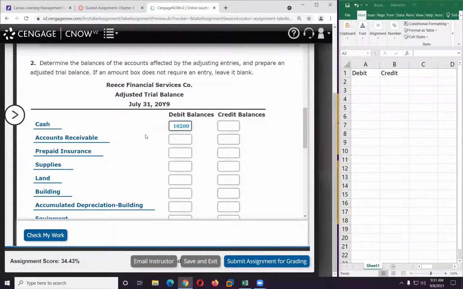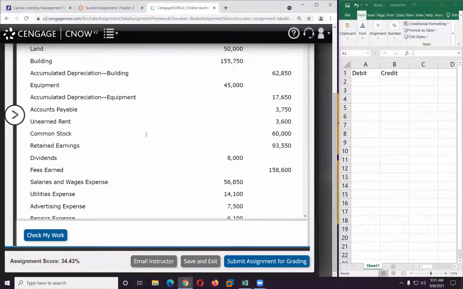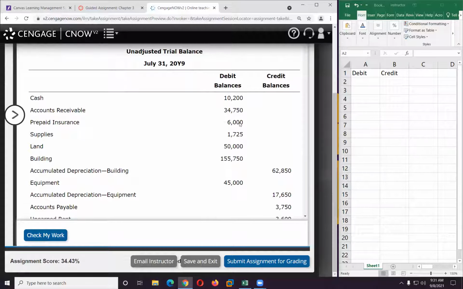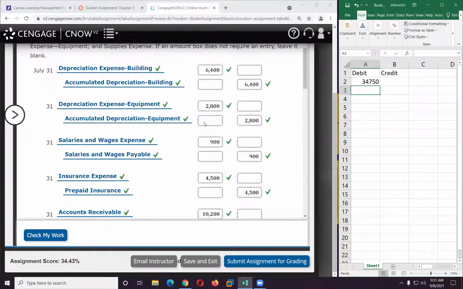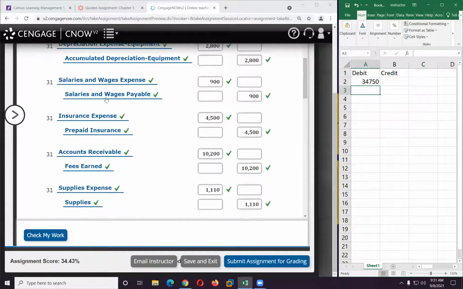Now for accounts receivable, scroll all the way up. This is the part I hate, this scrolling business. It had a balance of 34,750 on the debit side. Then I scroll down and look at my adjustments and ask, was there ever a change to accounts receivable? I can see right here, I did a debit adjustment of 10,200. So my new balance is 44,950 on the debit side.